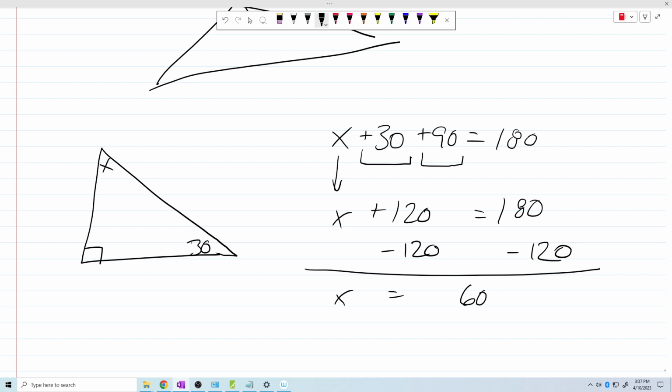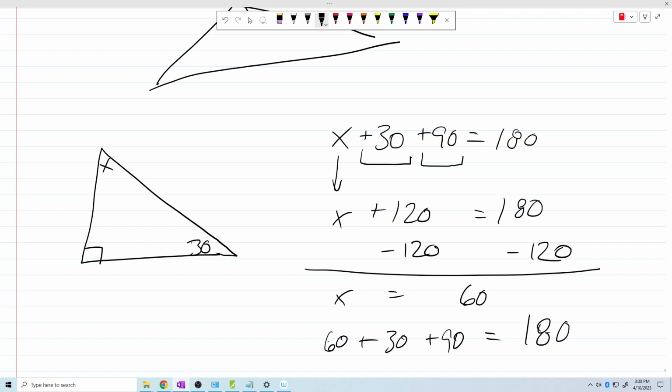Well, think about it here. 60 plus 30, that's 90. I'll even write it out. 60 plus 30 plus 90. If we're saying x is 60, then we're also saying that 30, which is given to us, plus 90, plus what we now know to be 60, all that equals 180.